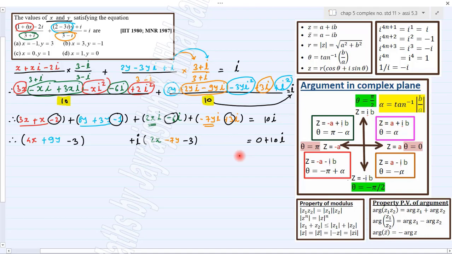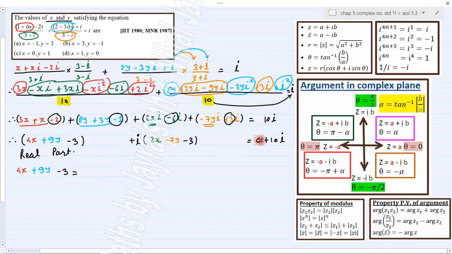Now, in our next step, let's compare the real part on both sides. The real part of the left hand side is 4x plus 9y minus 3, and on the right hand side, we have 0, which will give us 4x plus 9y is equal to 3. Let's call it equation number 1.